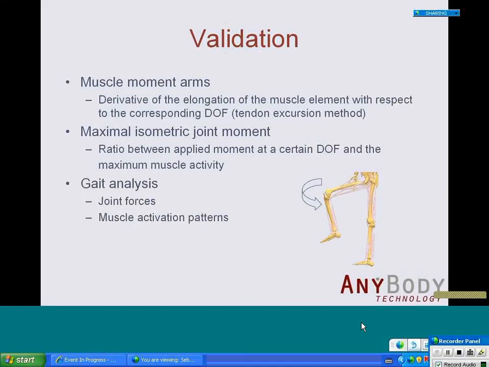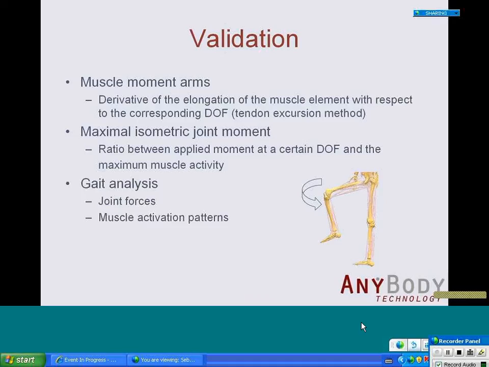The next level is to analyze the maximal isometric joint moments, and this was defined to be the ratio between the applied moment at a certain degree of freedom and the maximum muscle activity. And the most general validation, of course, is the gait analysis, where joint forces are analyzed and, for example, muscle activation patterns. And I will now go into detail with some of the results of this validation.